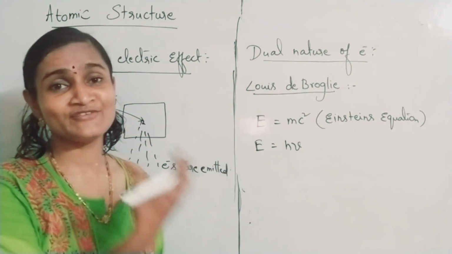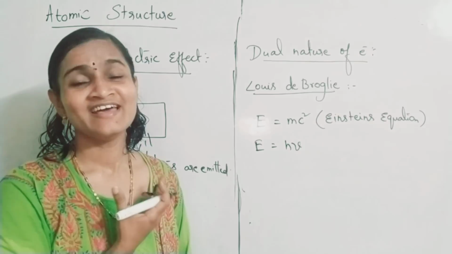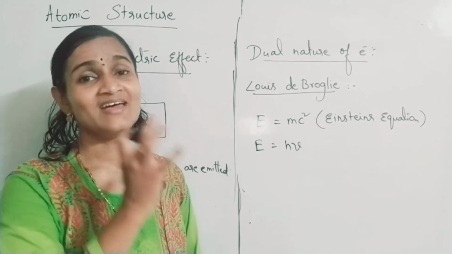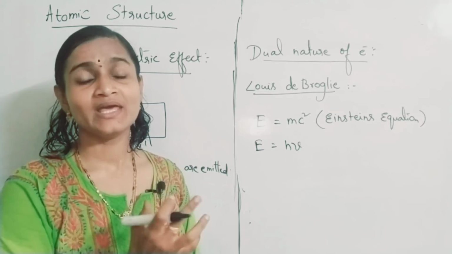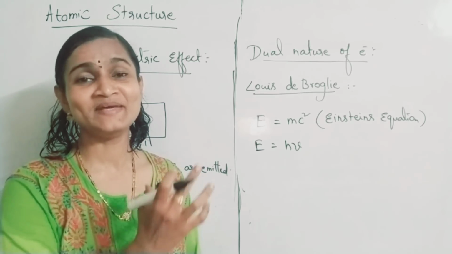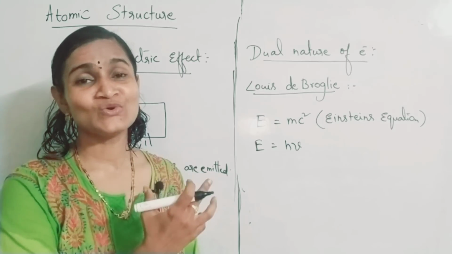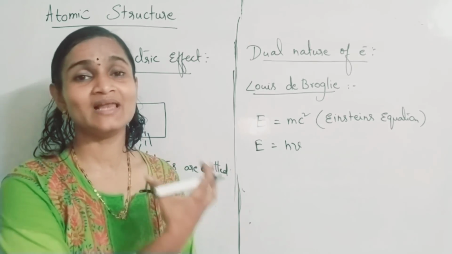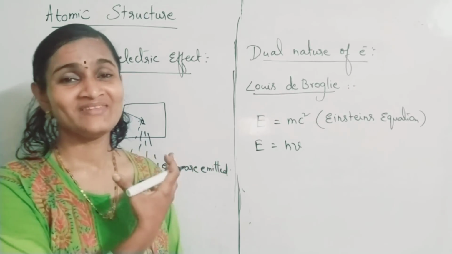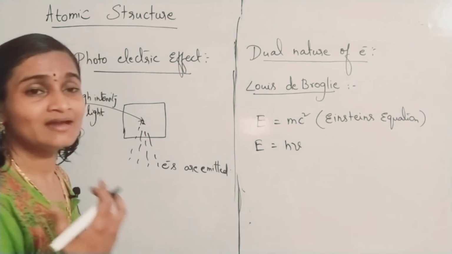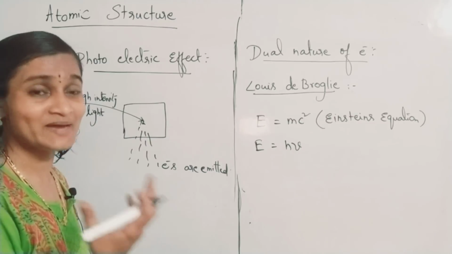This also was given elaborately in my dual nature of electron video. Only one video is there, very elaborately. All your doubts can be clarified even if you watch that video. This is like a crash course, so I'm going through all the topics a little bit faster. So you can watch my previous videos so that you can definitely understand the concepts better.